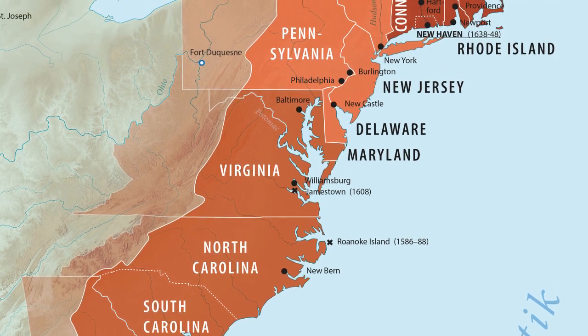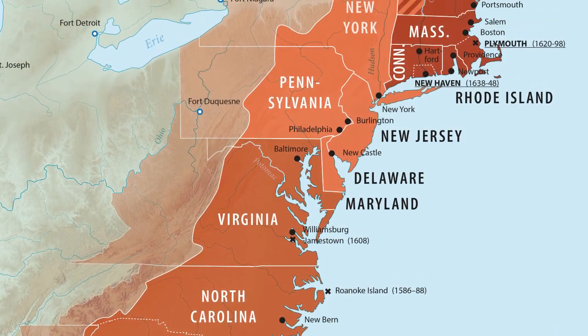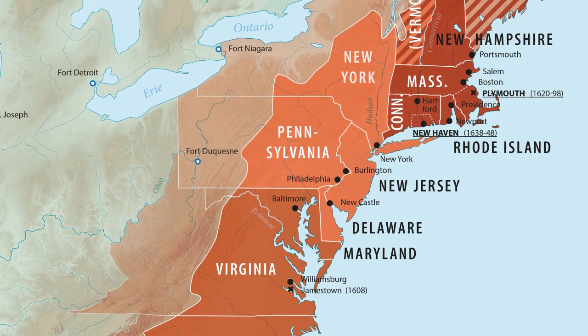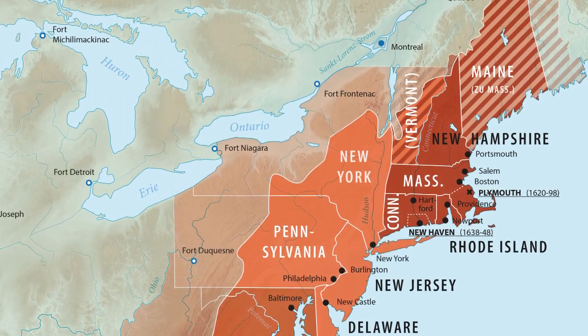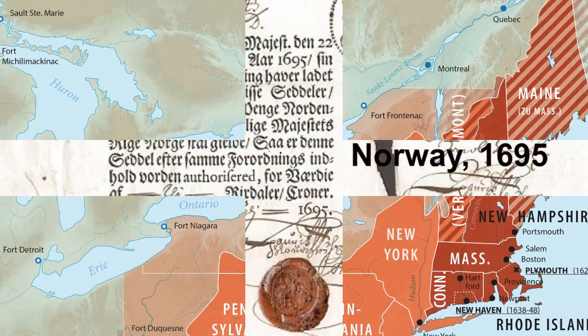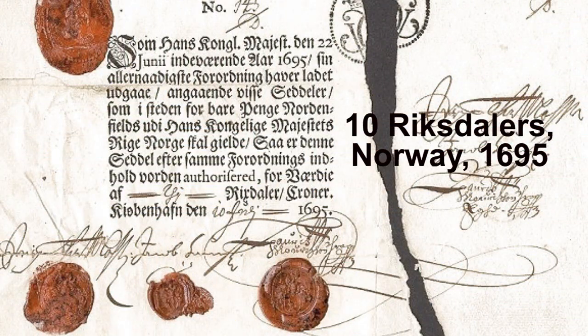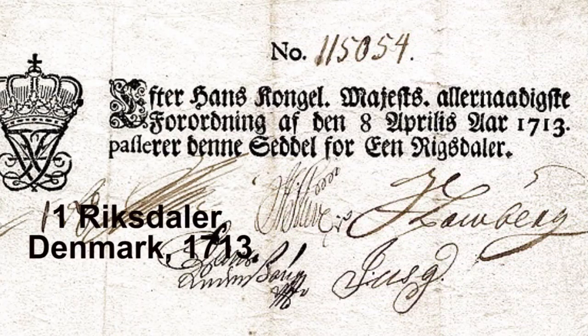In 1751, the British Parliament banned the issuance of paper money in New England, and in 1764 extended this ban to other colonies. In Norway, paper money was attempted to be introduced in 1695. In Denmark, it was tried in 1713.